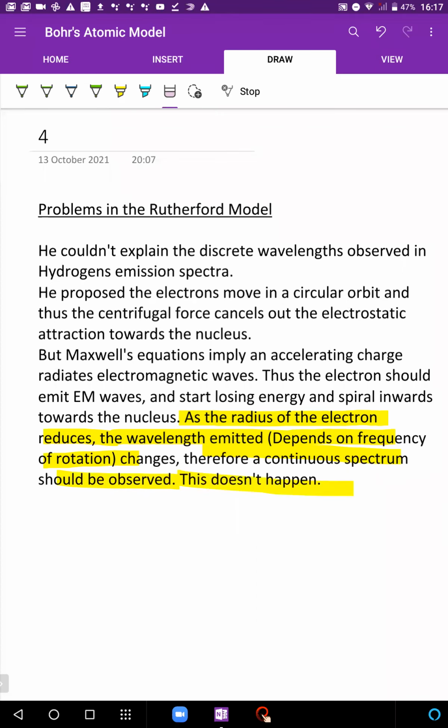But more than the last point, the basic idea that the electron will spiral towards the nucleus and the atom would collapse is a crazy idea, because then the atom is not stable. So that was one big problem with Rutherford's model.